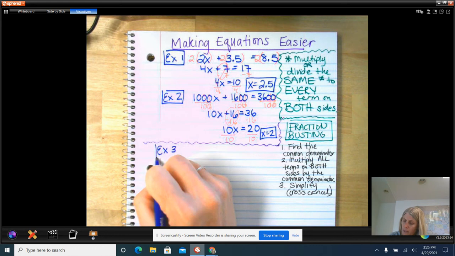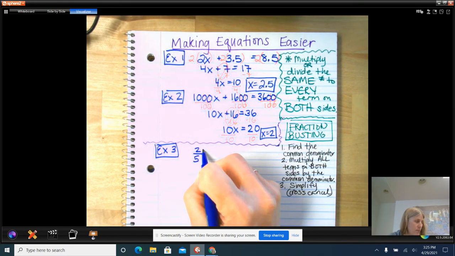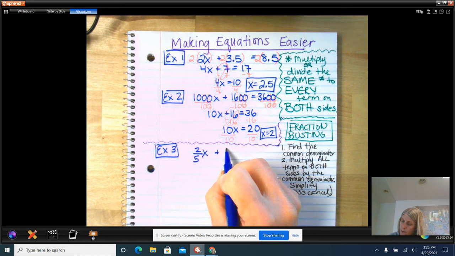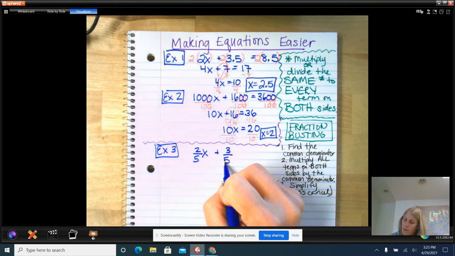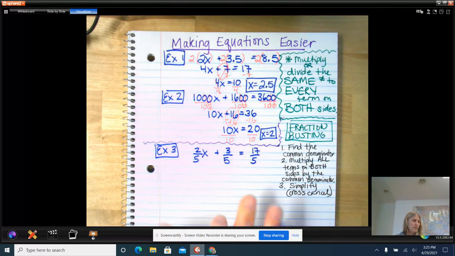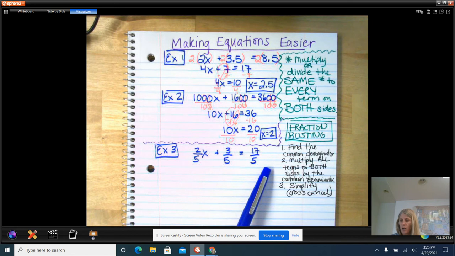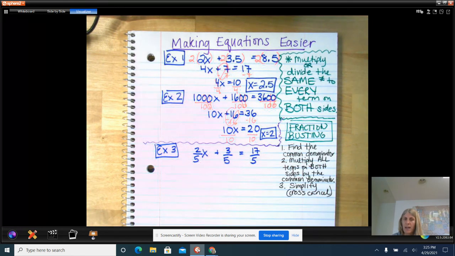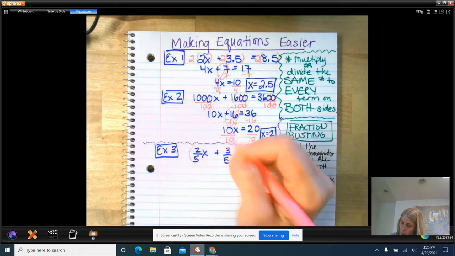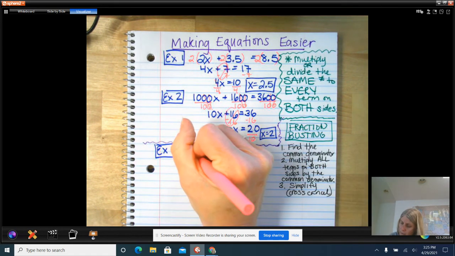So example 3, let's say that I have 2/5 x plus 3/5 is equal to 17/5. So this is a very simple one that we're starting with here. But basically, I see that I already have a common denominator. And so I'm going to multiply every single term on both sides by 5.